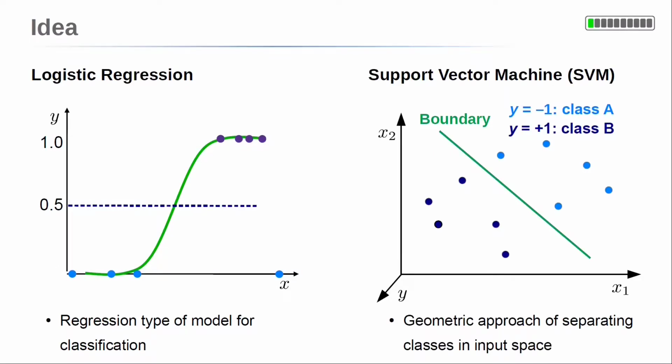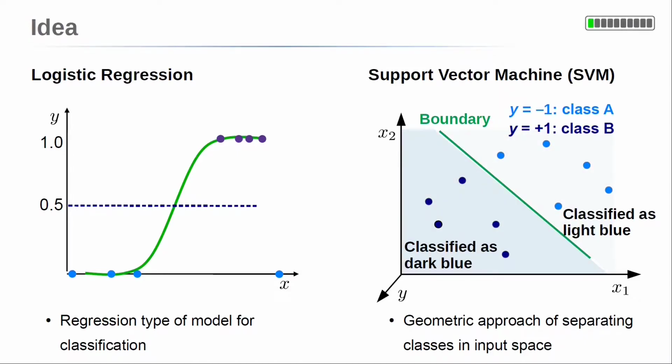A different approach for classification is used by support vector machines. Here, two different classes are separated geometrically by a boundary in the input space. For the standard linear support vector machine, this separating boundary has a linear shape.